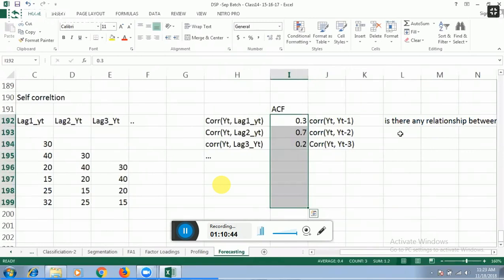Can you say there is any relationship between your current value and the previous values? That means you are unable to identify anything from the existing data. You cannot do the forecast for the future. If there is no relationship, how will you forecast it?